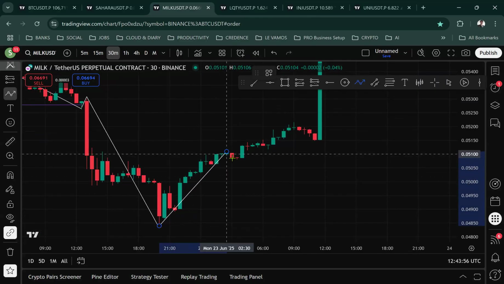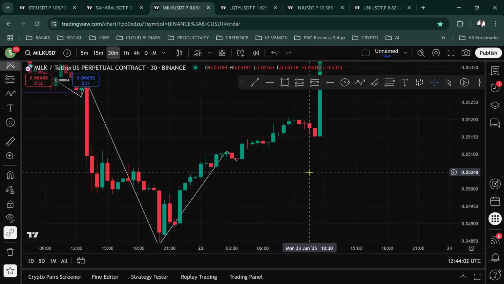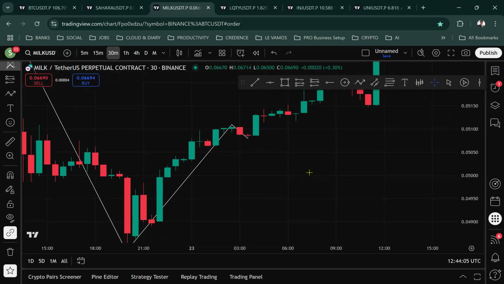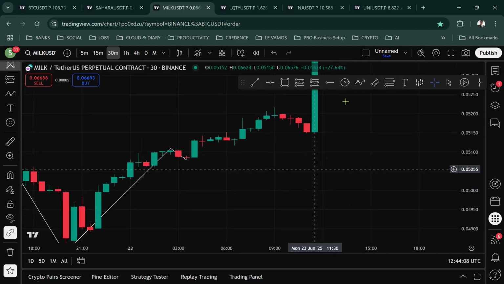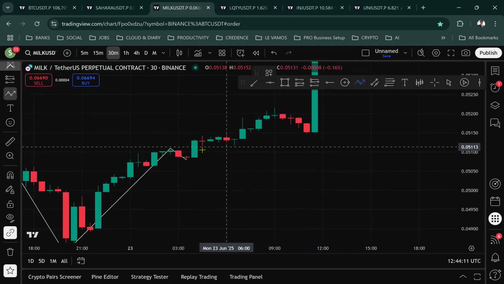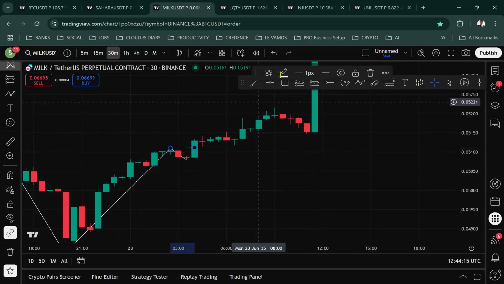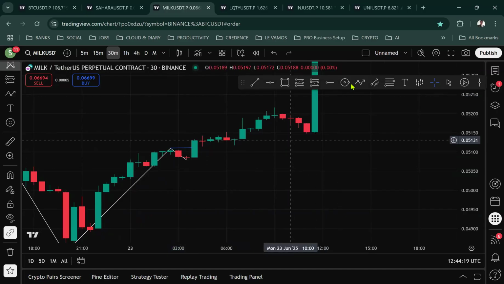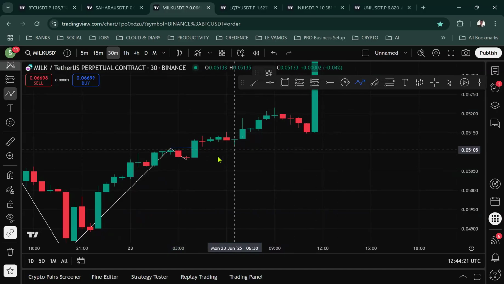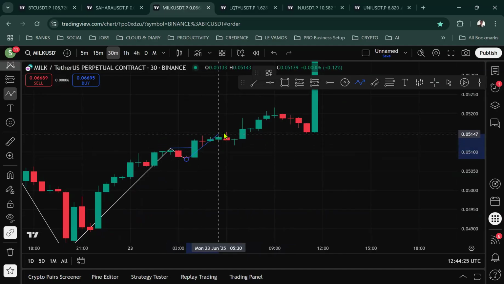Here there is a valid pullback. Yes, that's a valid pullback. Then a valid.